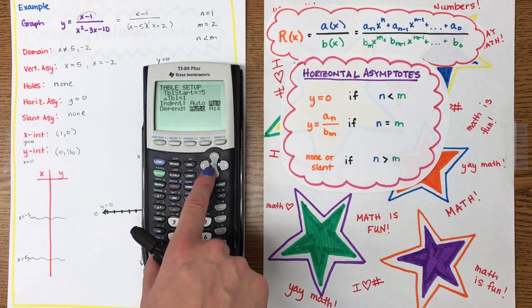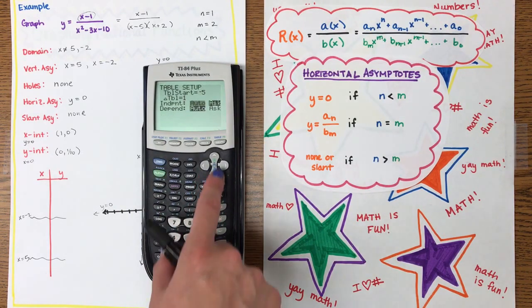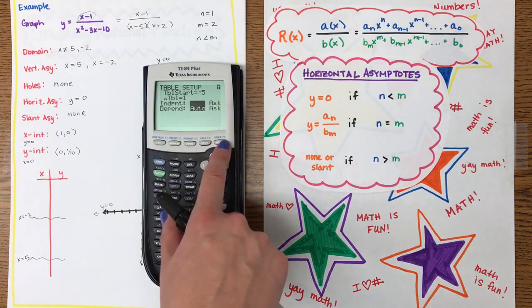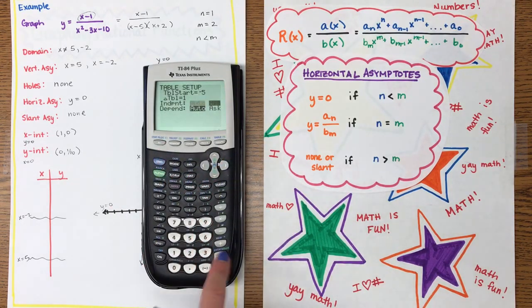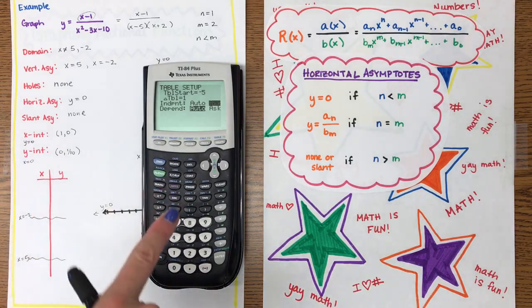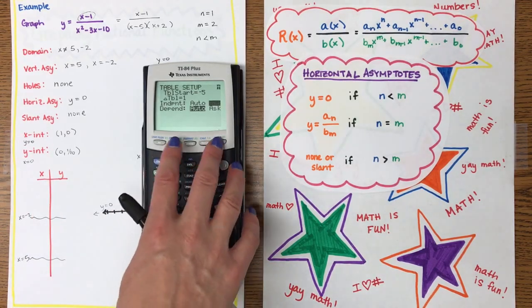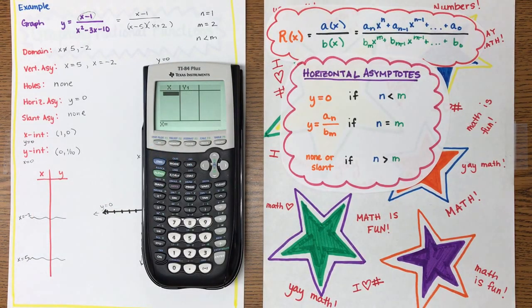Then I'm going to go to my table, and I'm going to set it to ask for my independent variable. So I want my independent variable to be chosen by me.